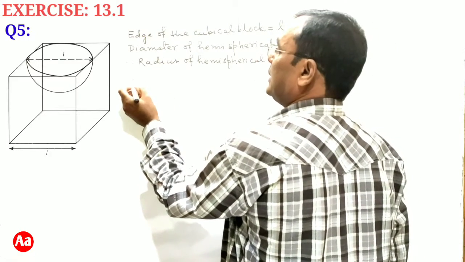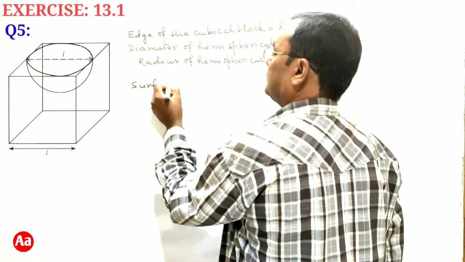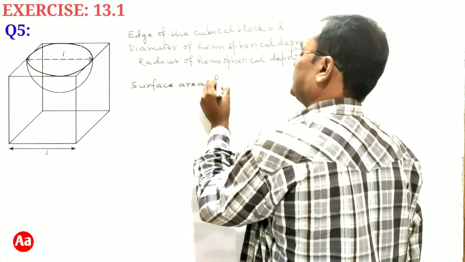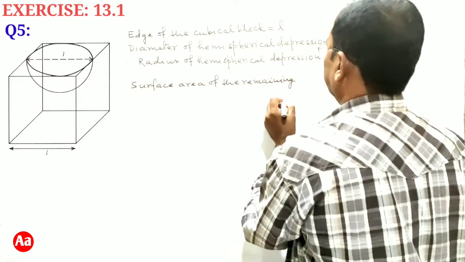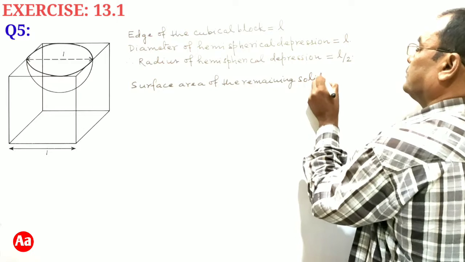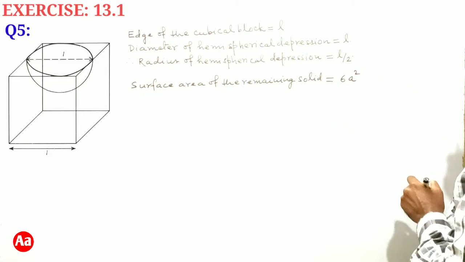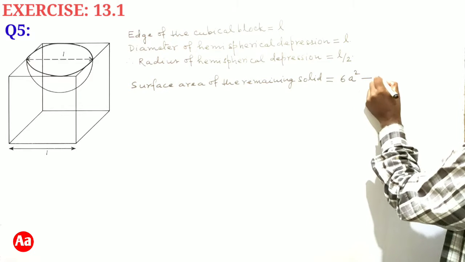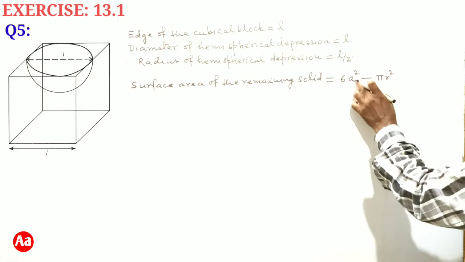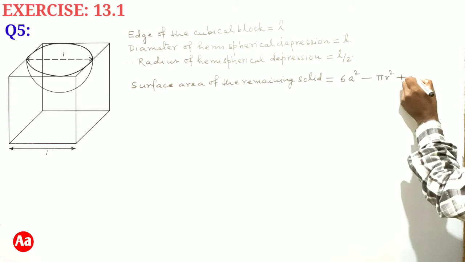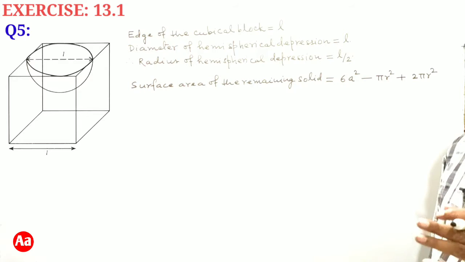surface area of the remaining solid is equal to 6a square, the total surface area of the cubical wooden block, minus pi r square, because circular area is cut out from one face of this cubical wooden block, plus 2 pi r square, as the curved surface area of the hemispherical depression is created.